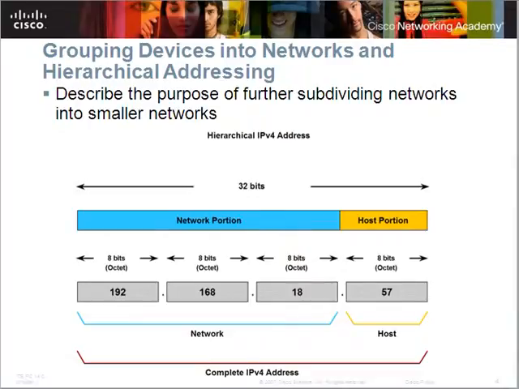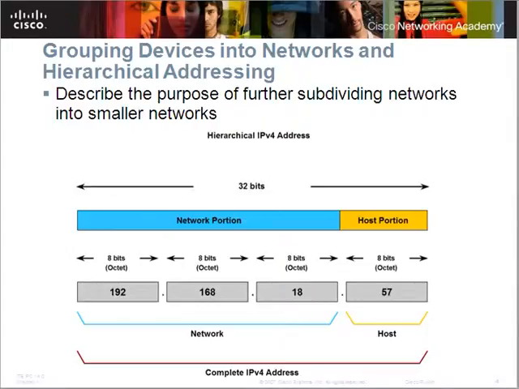If they're logically in the same network, they should have the same network portion. So how do we identify they are in the same network? Because their network portion needs to be common. Any number of bits can be in the network portion and any number of bits can be in the host portion. That is the design part of it. In this example, 192.168.18.57, the first 3 octets are in the network and the remaining is in the host.